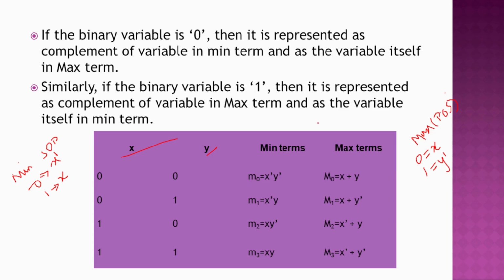Usually, if you have two variables, you fill the truth table with the first variable as 0011 and the second variable as 0101. For minterm, the first value is mentioned as m0, the second value as m1, the third value as m2 and the fourth value as m3. If you have two variables, you need to find minterms from m0 to m3.